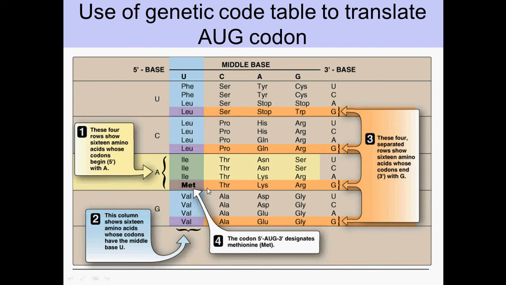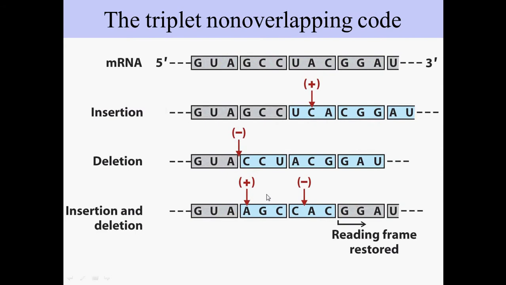Then you could look up anything else. GGA, so G, and then GGA, glycine.